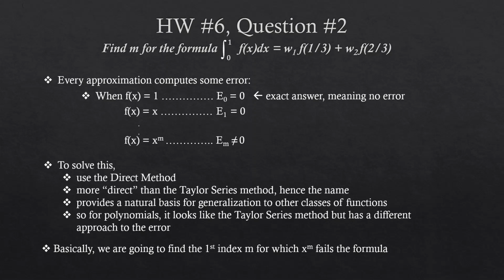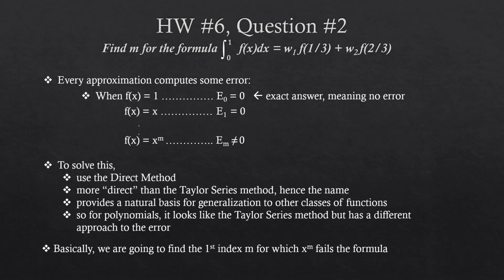So the actual value of the error term may not be 0, but it's showing that the equation cancels out. So if you look at the third line, f of x equals x to the m. If e sub m does not equal 0, I'm not literally saying that it has to equal 0, but I'm just trying to show that it's not consistent, and therefore that's where the error lies.